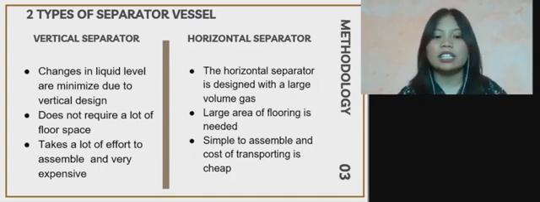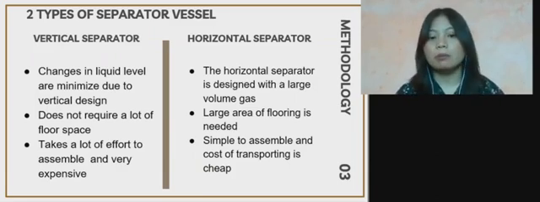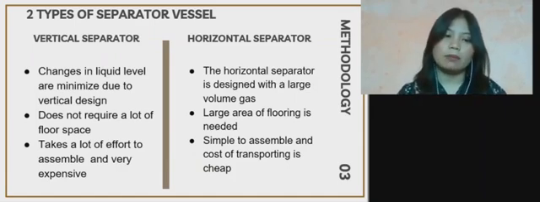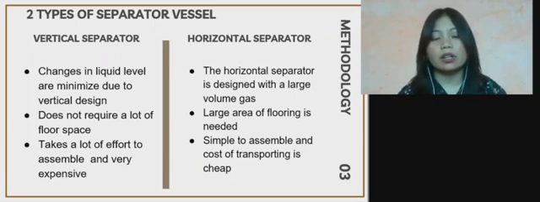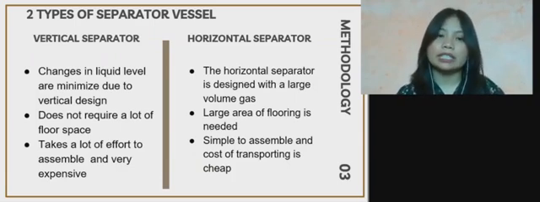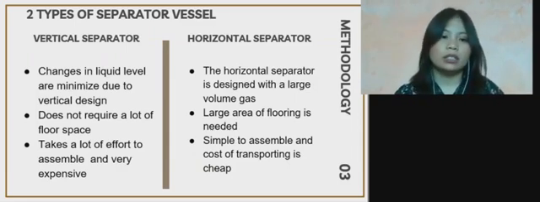However, a large area is needed to build it, but compared to vertical, it is simple to assemble and the cost of transporting is cheap. Horizontal separators are also much easier to service compared to vertical.